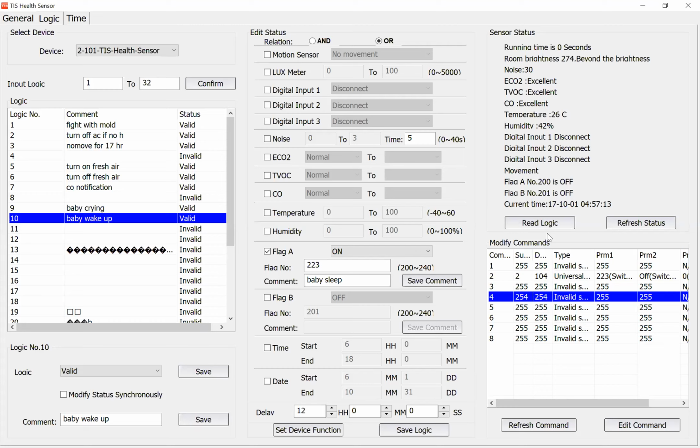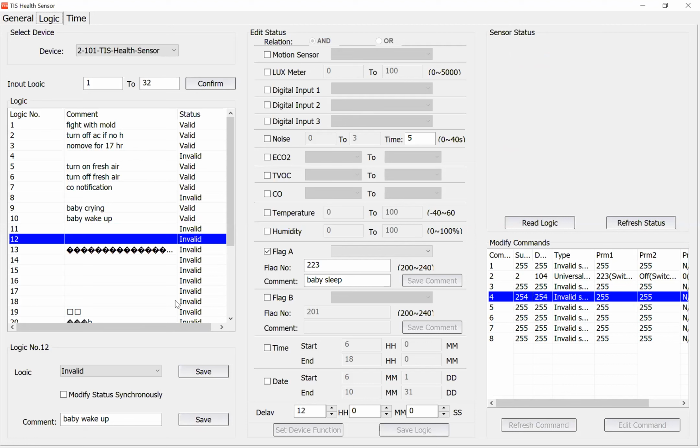If you want, if you need, I can send you a video about how to pop up the notification on the application. Okay. Do you understand all of these logics? Okay, next logic.